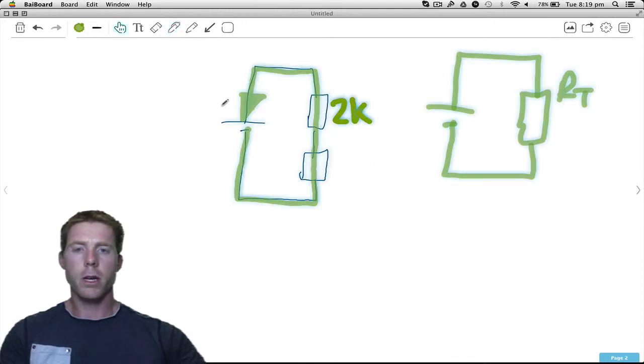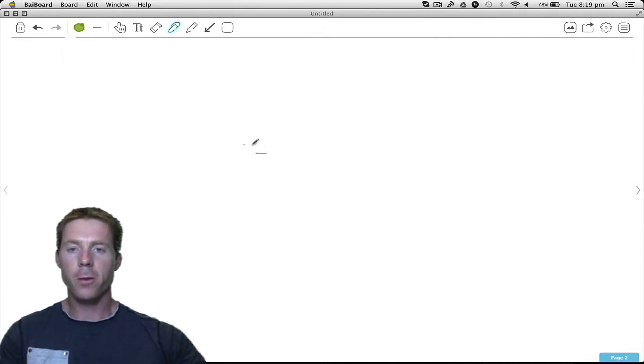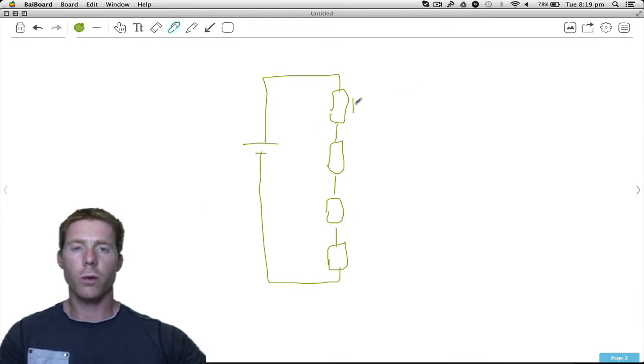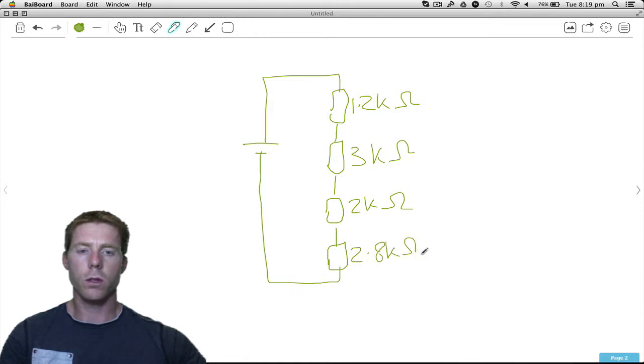What if we had a circuit like this? 1, 2, 3, 4 resistors in series, like that. And this was a 1.2K ohm, and this was a 3K ohm, and this one was a 2K ohm resistor, and this was a 2.8K ohm resistor.